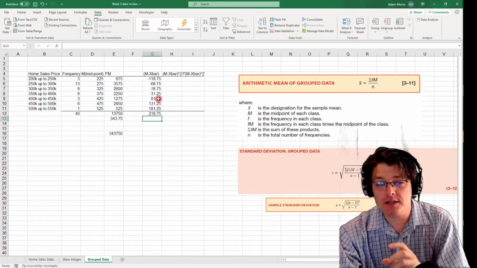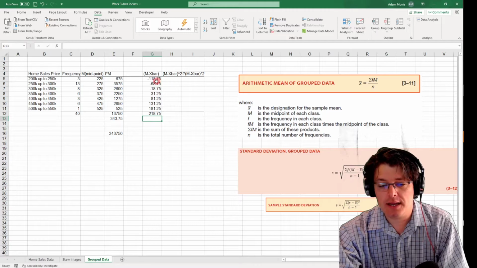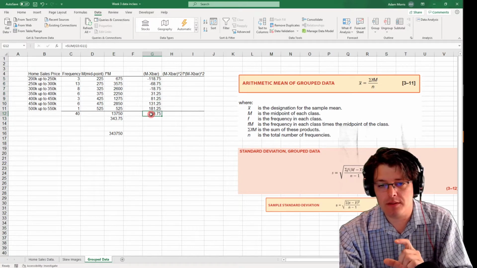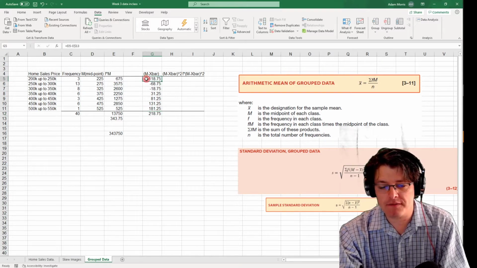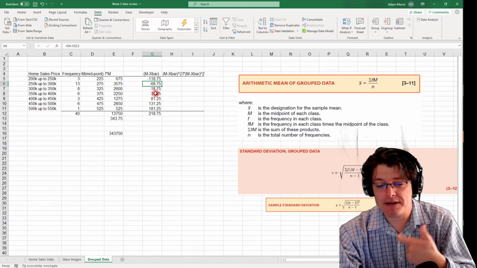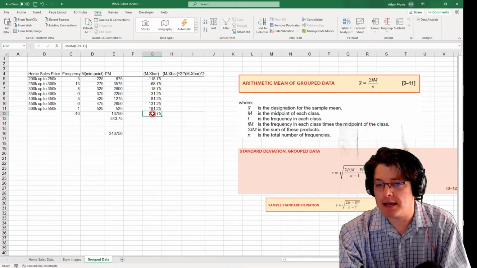But remember, we're dealing with frequencies, so we're not actually doing all 40 values here. Not until we include the frequencies would that be true. Remember, because there are 3 of them at negative 118, but there's 13 at negative 68. So if we haven't accounted for the frequencies, then this sum is not going to be 0.